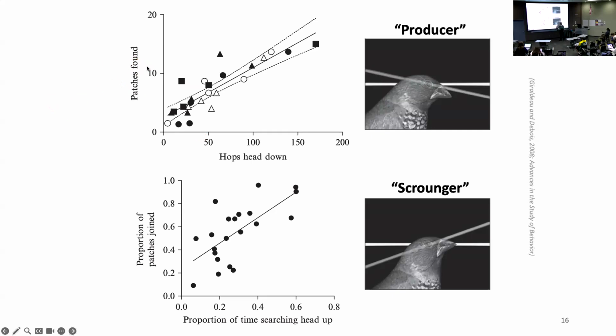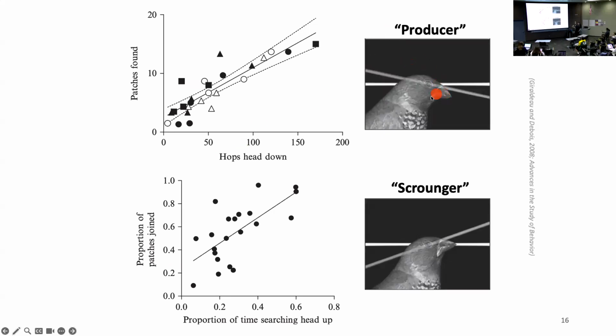But then on the flip side of that, for the birds that have their head up, there's another consistent pattern that they found: the more time you spend with your head up, the more patches you join after another bird has found seeds there. So basically, you've got two strategies here.